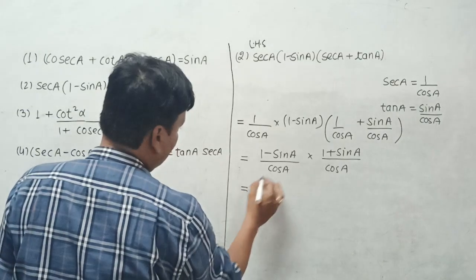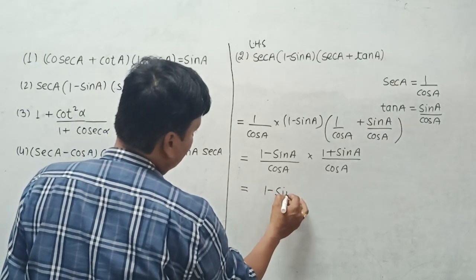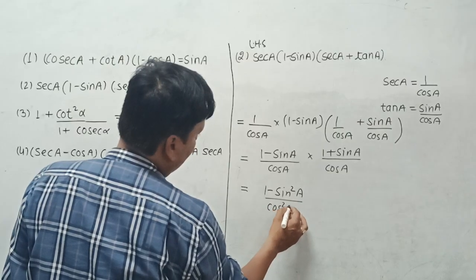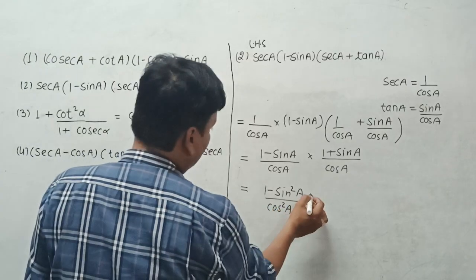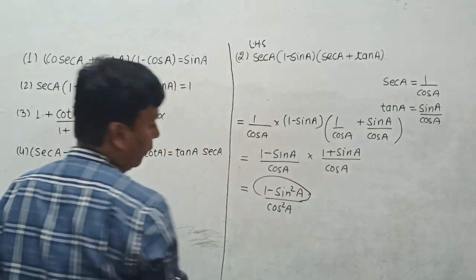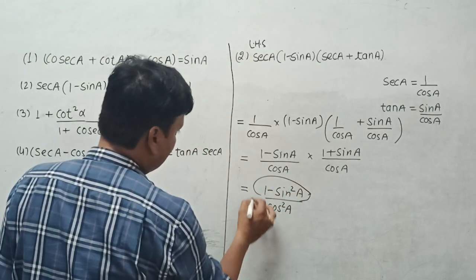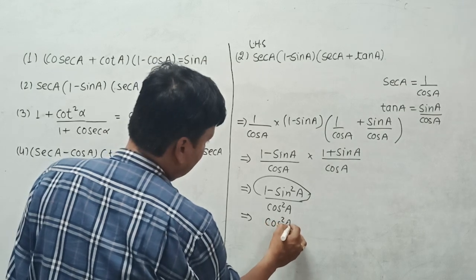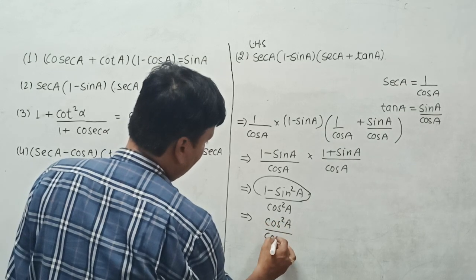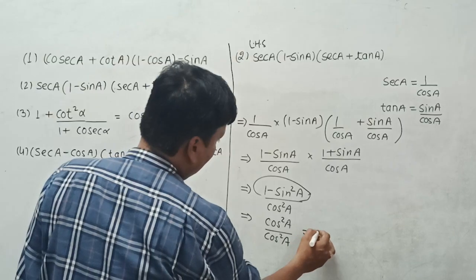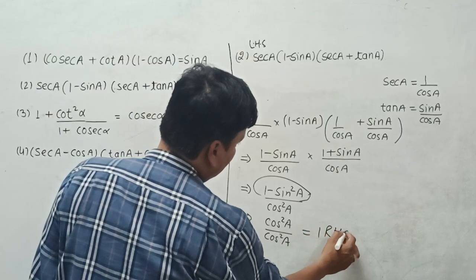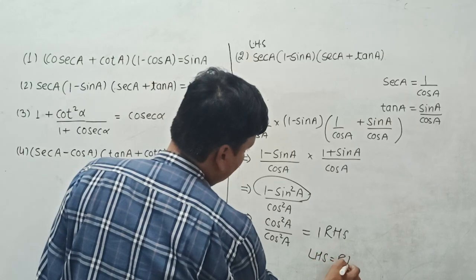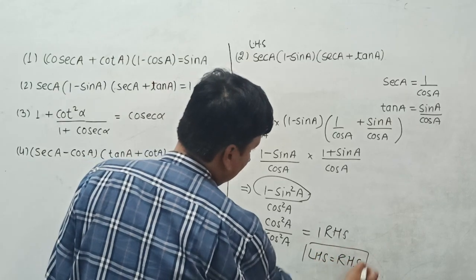Now this is 1 minus sin square A, and that is cos square A, and this is cos square A. So cos square A upon cos square A, that is 1, LHS is equal to RHS. Note down.